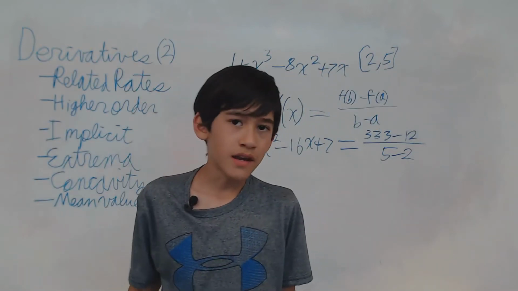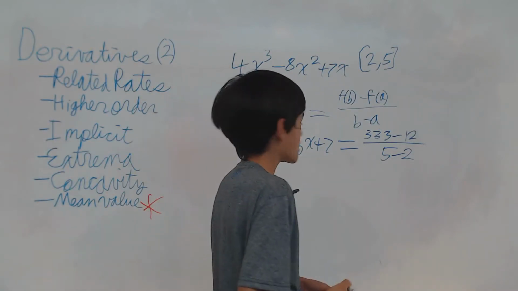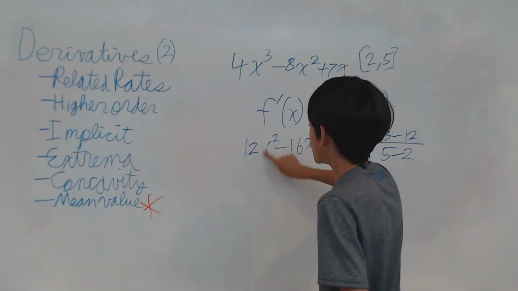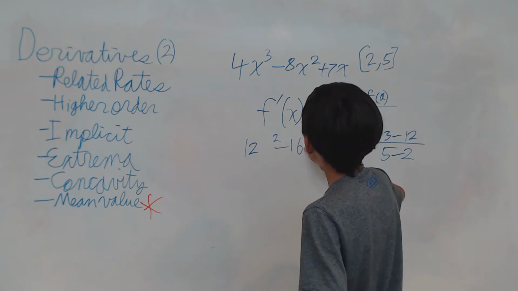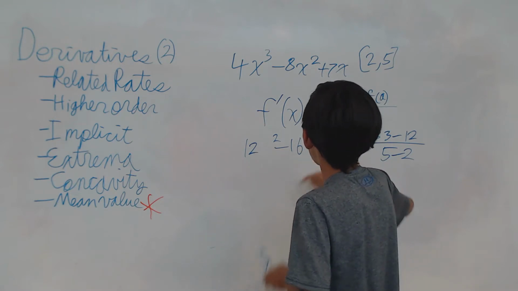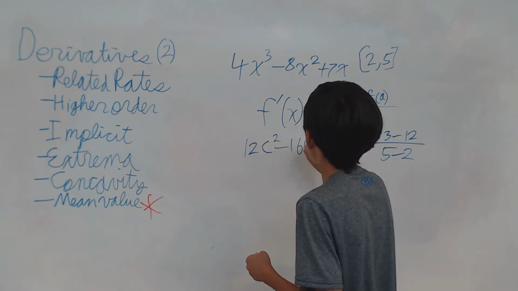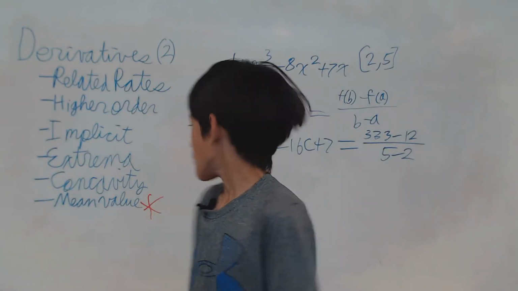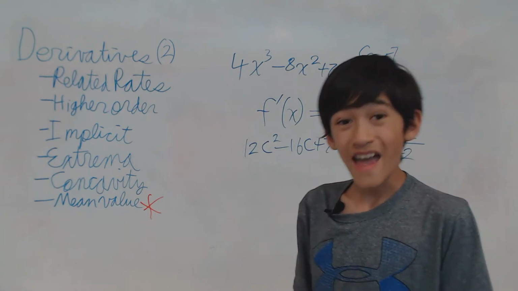Now we got this, and now we can solve. But first of all, when we take the derivative, we replace all the x's with c's. So watch this. Just simply 12c squared minus 16c instead of 12x squared minus 16x.